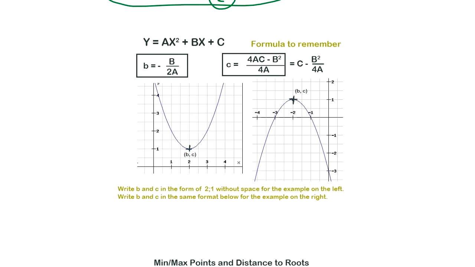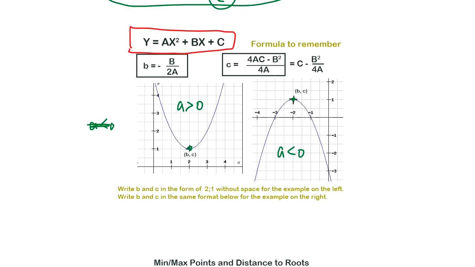So when somebody gives you a quadratic equation, where is the bottom, or it could be the top, depending on A. If A is positive, there is a bottom point.